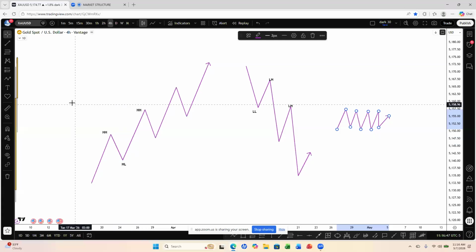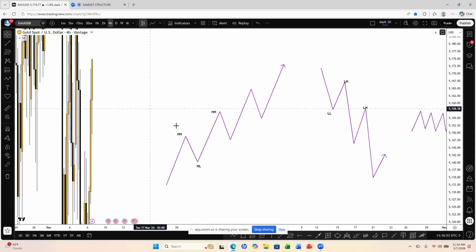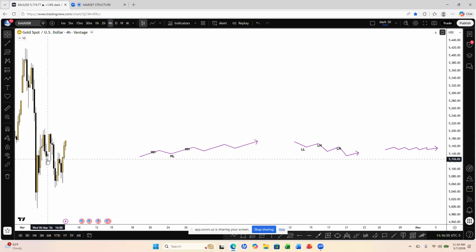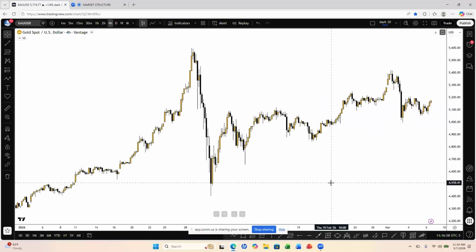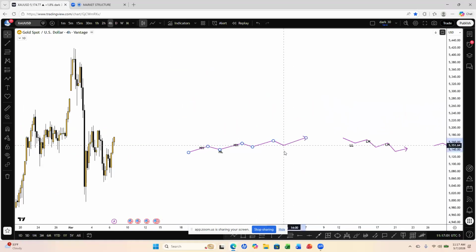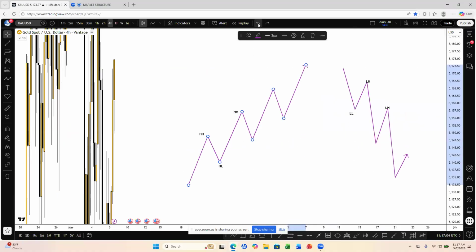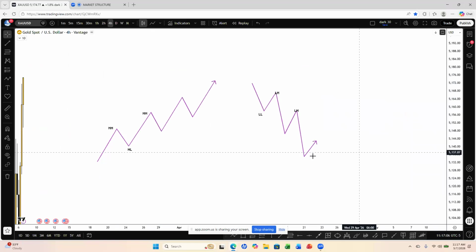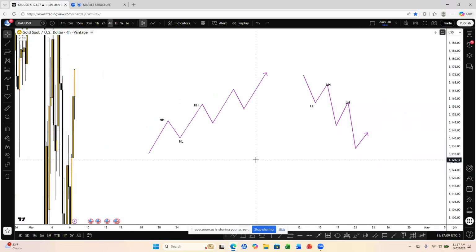Okay, so now you have something called breaks of structure. Let me see, hold on one second. I think I just messed my little design up. Let me go backwards with it. You have something called breaks of structure. With breaks of structure, as the market is going in its direction, when you start to create these higher highs and higher lows or lower highs and lower lows, it's breaking structure at every point.